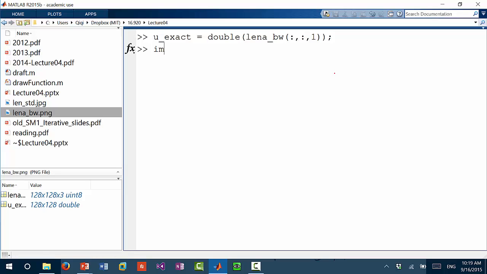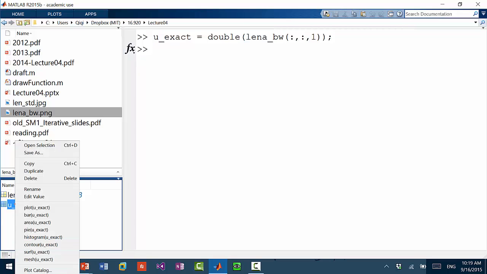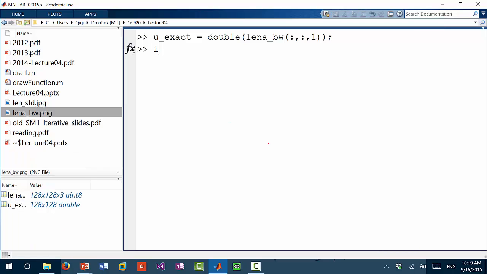Okay, so if I do imshow, well, I think I can do it here. Maybe not. If I do imshow U exact, I think I need to divide by 256. Let me actually do it.